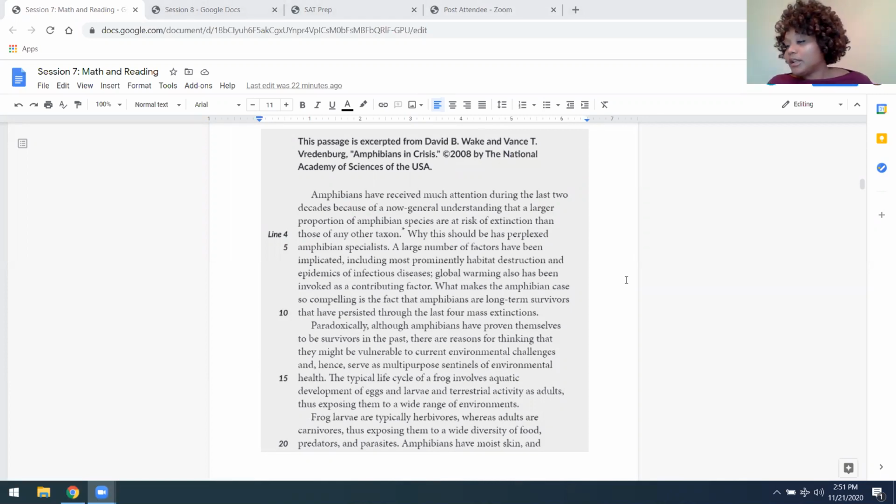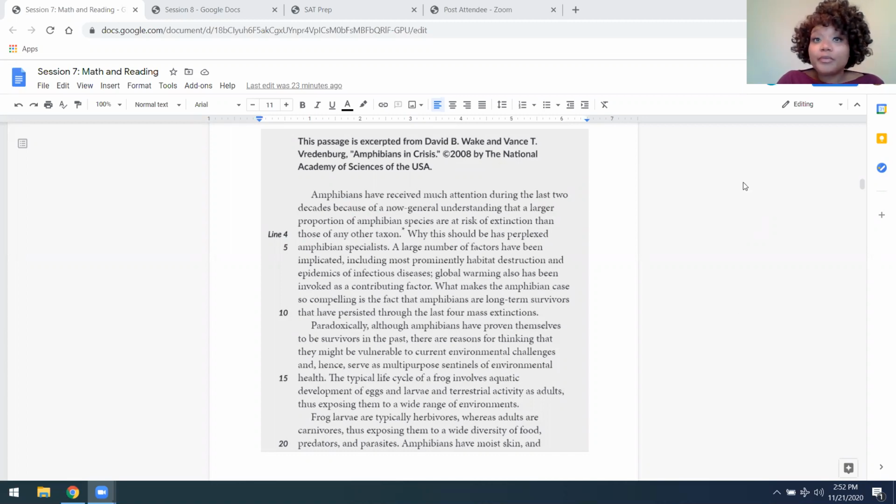So I'm going to give us a couple minutes to read this again. Actually, can you guys raise your hands if you didn't get a chance to read this last week? Let me know. A couple of you, I think, were not here last week.